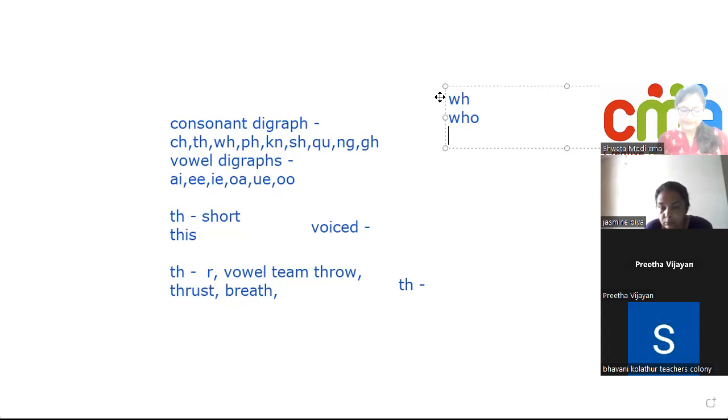Who. Okay. Like who and whole and whom, right? Whose. So when WH is followed by O, then it gives you the sound of H. Otherwise, it is W sound, like in what, when, why, while, where, which.